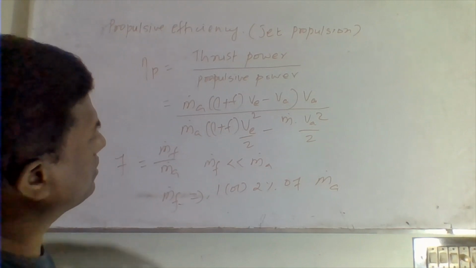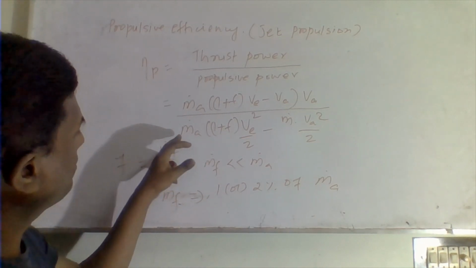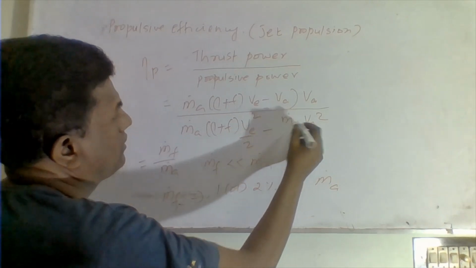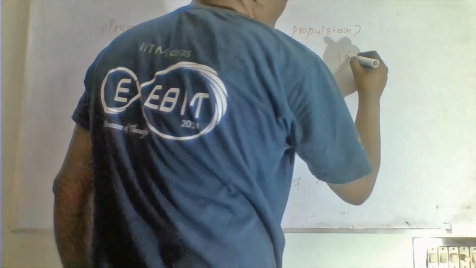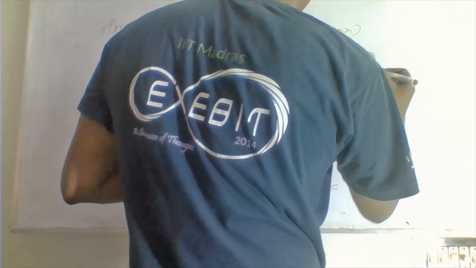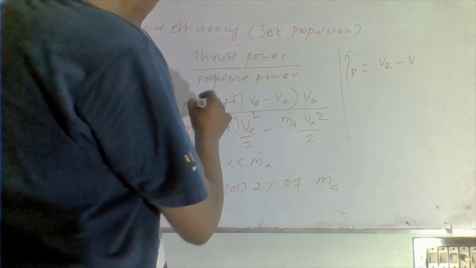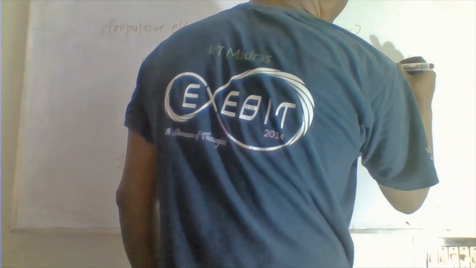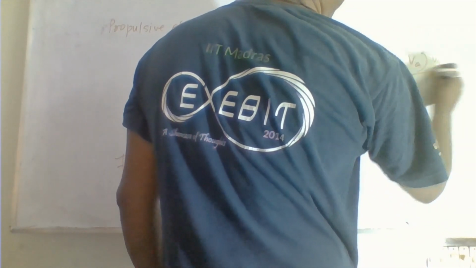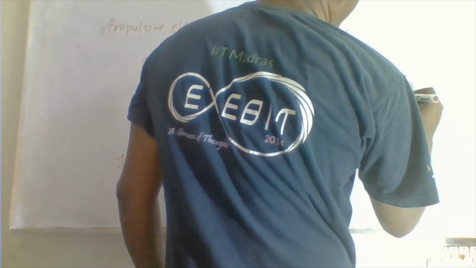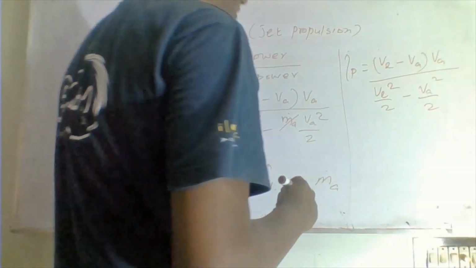Once you omit the fuel air ratio and the mass flow rate of air, cancelling out from both the numerator and denominator, the propulsive efficiency becomes V minus VA into VA divided by V square by 2 minus VA square by 2. So this is what we got finally.